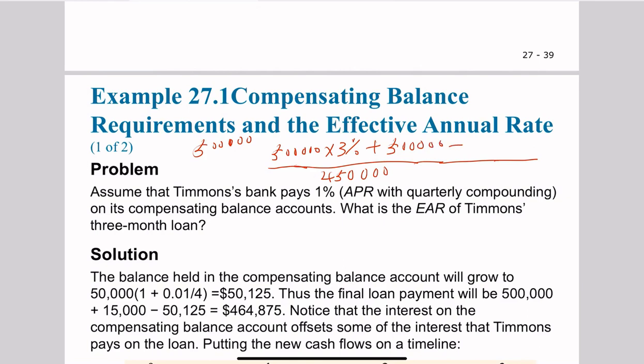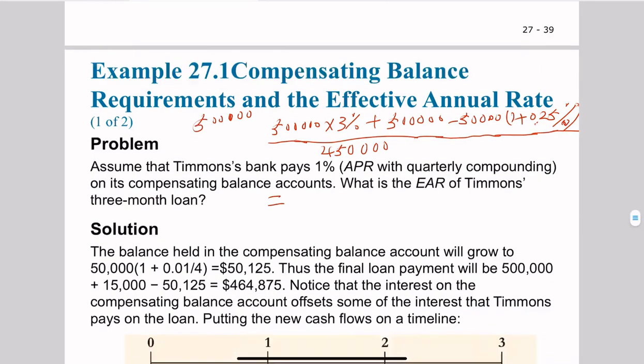And the bank will pay 1% APR on the compensating balance, which means the compensating balance of $50,000 will become $50,000 times 1 plus the 3-month rate, right? So it's 1 plus 0.25%.